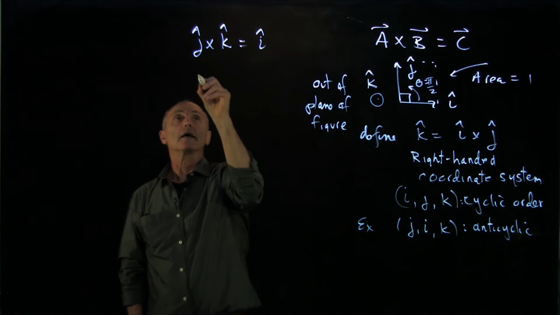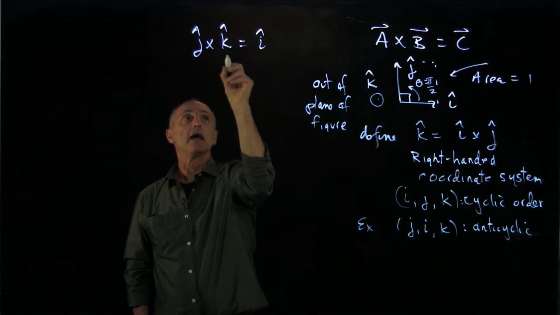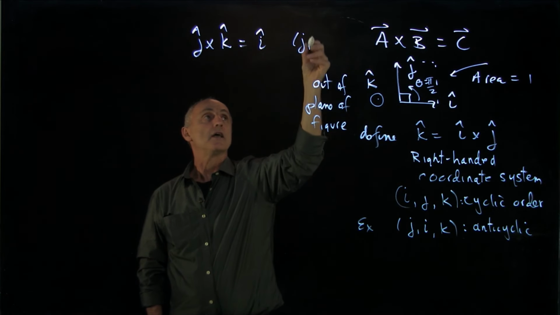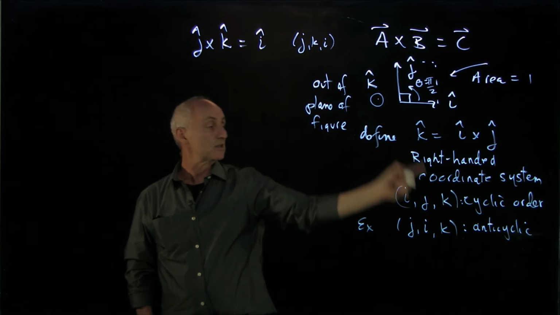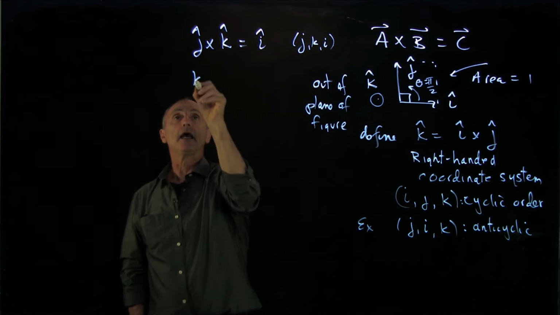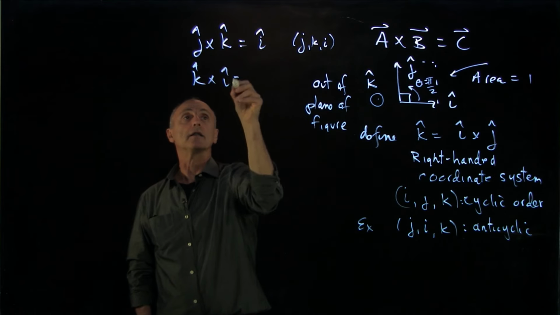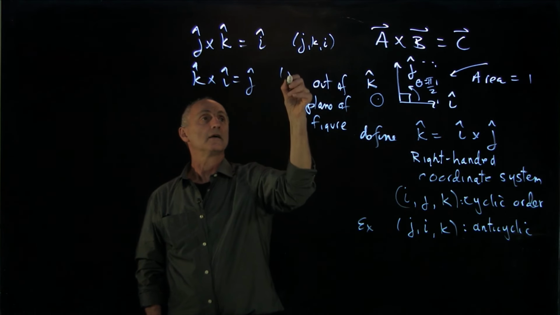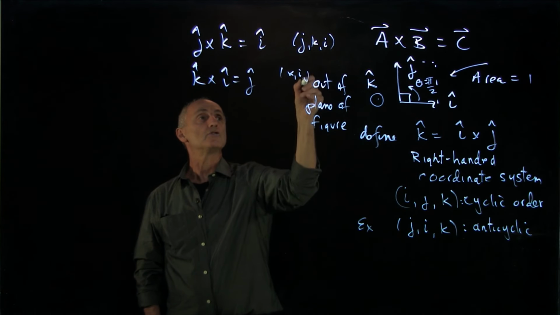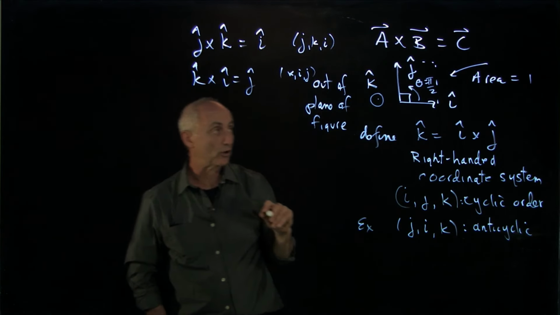And notice j, k, i maintains that cyclic order. And k hat cross i hat is j hat. k, i, j maintains that cyclic order.